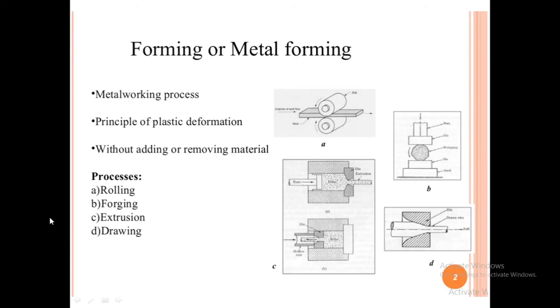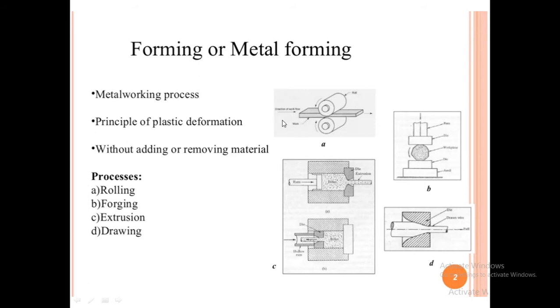So what are the different processes in metal forming? First one is rolling, forging, extrusion and drawing. Okay, so figure A here shows the rolling process. There are two rolls through which the raw material is passed. These rollers are rotating and the gap between the rollers is small.